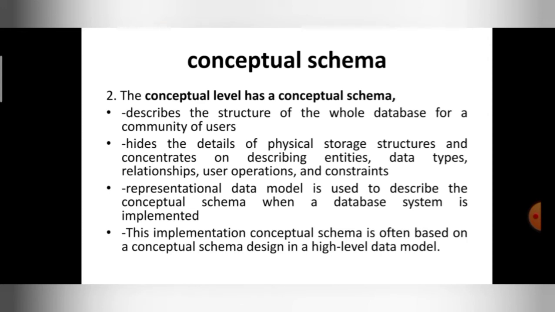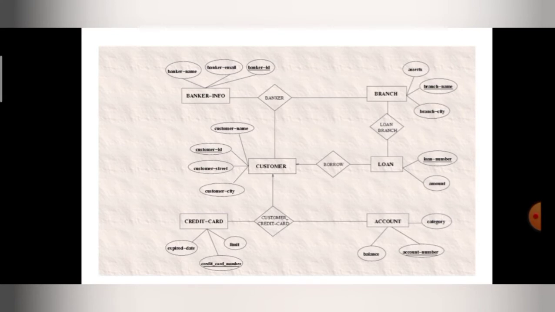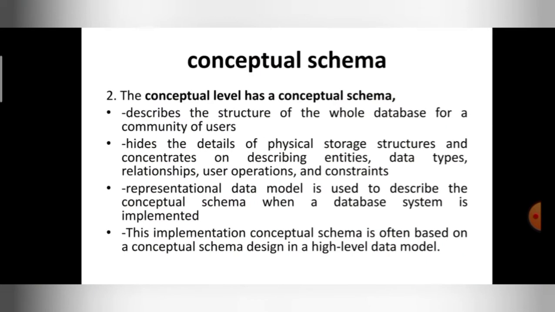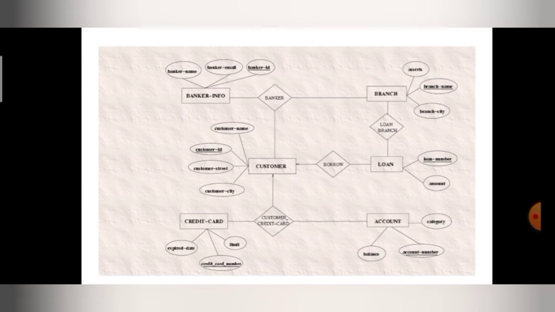For example, see here, this is the overall architecture of a bank database. Conceptual schema describes the structure of the whole database. You can see in this diagram, branch is there, loan entity is there, branch entity is there.